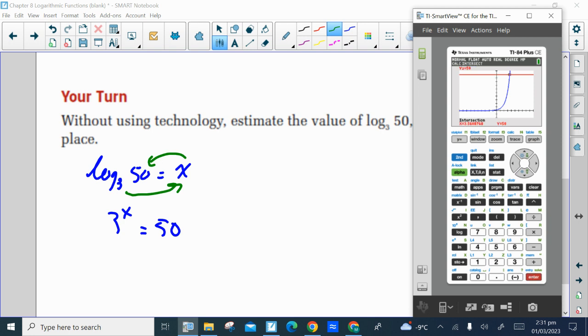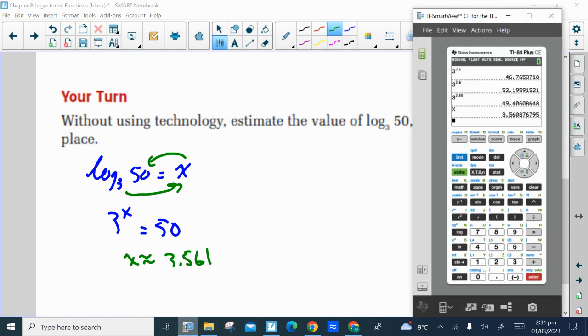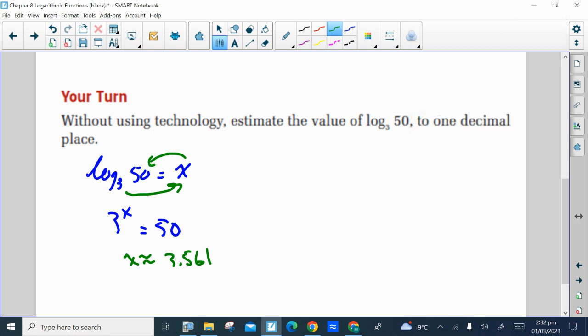So yeah, it looks like 3.56 is the best estimate. 3.561 if we want. Okay, that's fine. So it would be 3.6. All right.